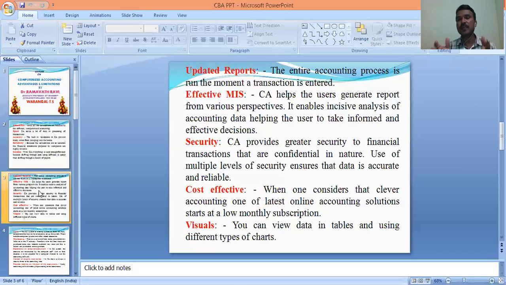By seeing a chart visually, it is a clear understanding.